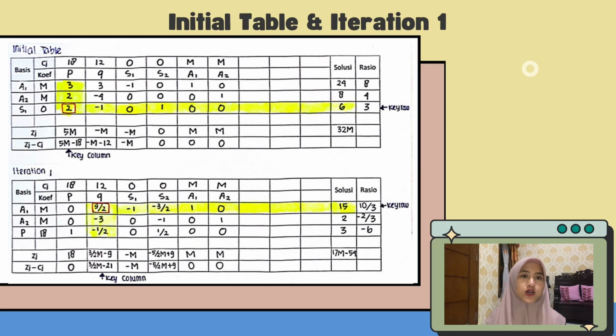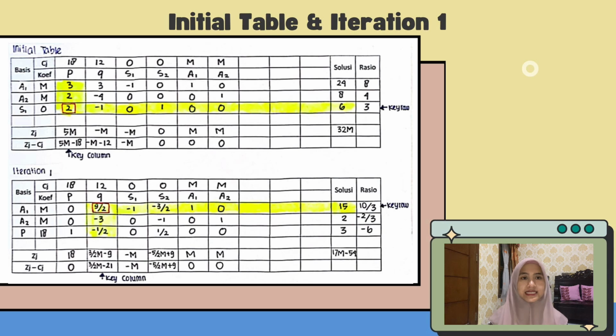Then the other rows are operated using the formula old row minus key column multiplied by the new key row. After that, we determine the key column, key row, and key cell just like the initial iteration table. So we get the key column, which is 3 over 2 M minus 21. The key row is 15 and the key cell is 9 over 2.